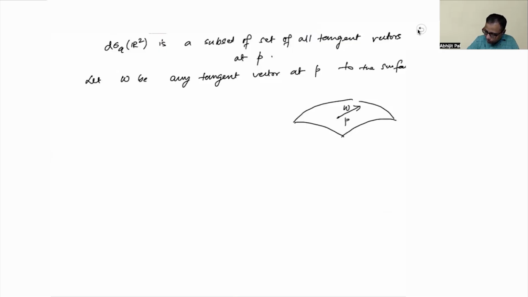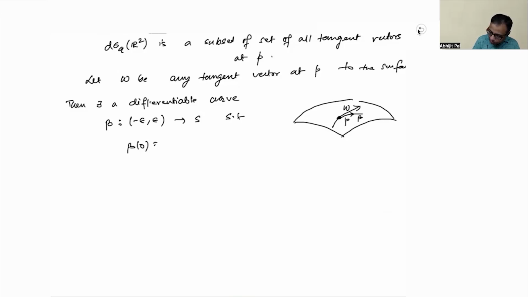So this means that we'll get some curve beta such that beta prime 0 is equal to W. So there exists a differentiable curve beta defined on some small open interval such that beta of 0 is equal to P and beta prime 0 is equal to W.